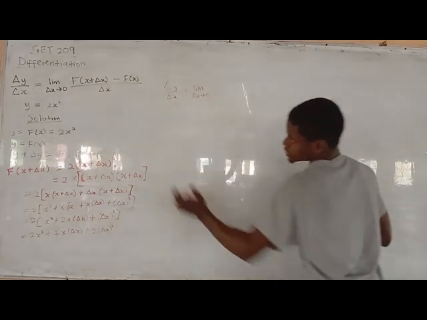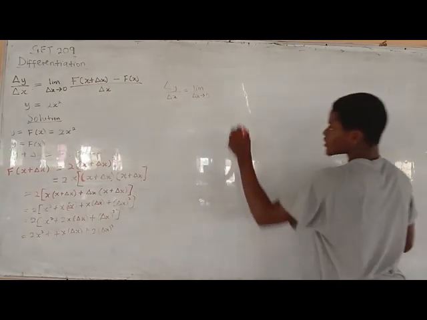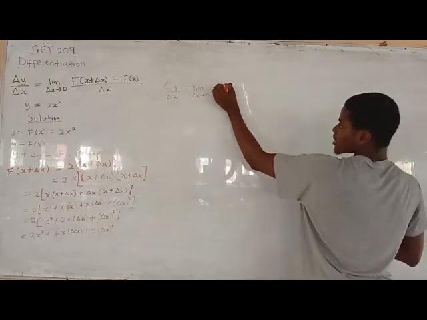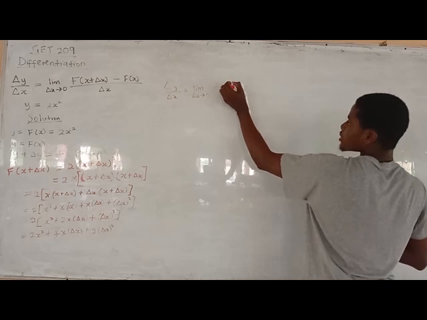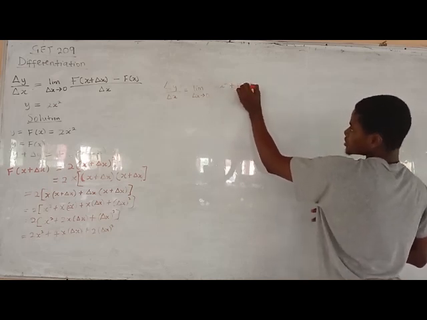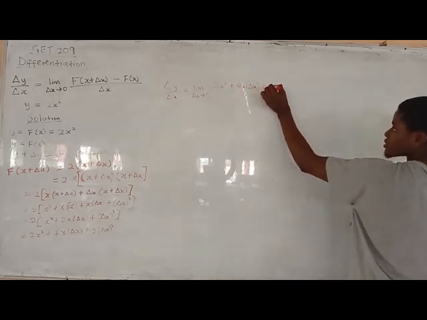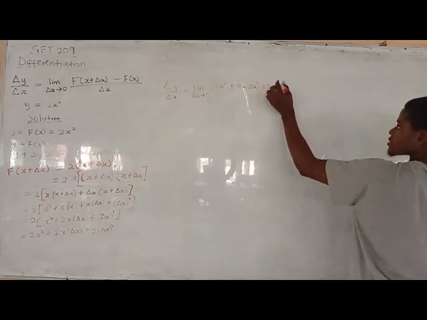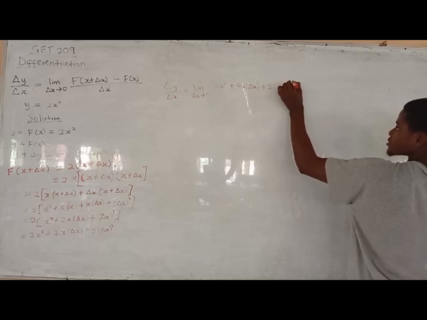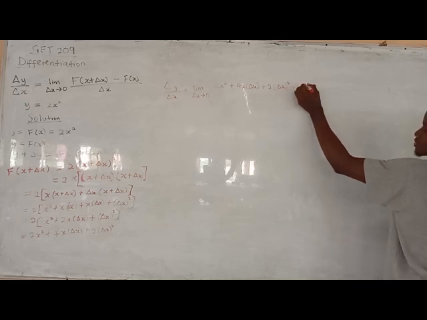f of x plus change in x is this, right? So you write 2x square plus what? 4x change in x plus what? 2 change in x square minus what? f of x is what?